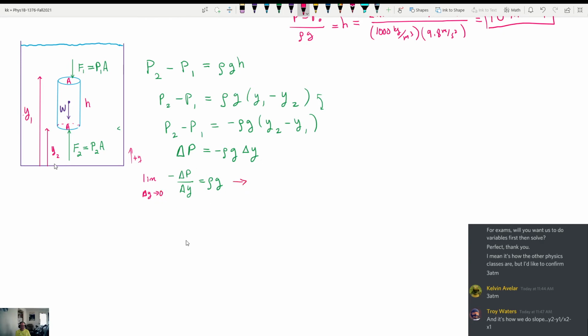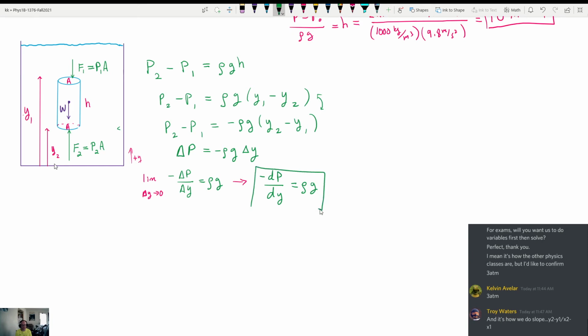If I let delta y go to 0, then delta p over delta y is going to become a derivative. So we're going to get negative dp dy is equal to rho g.